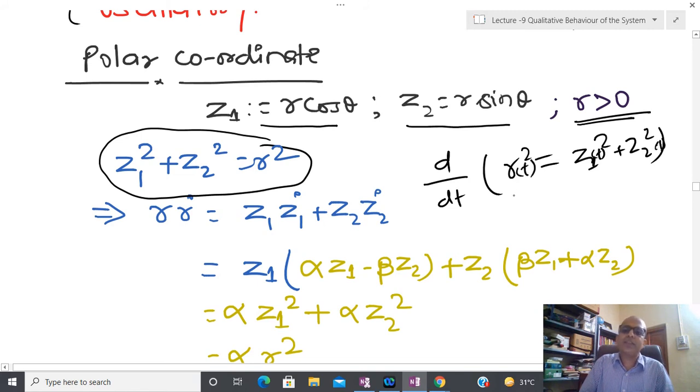So first you have to take the derivative with respect to r, as an implicit function, and after that dr by dt. By the chain rule you can think of it like this.